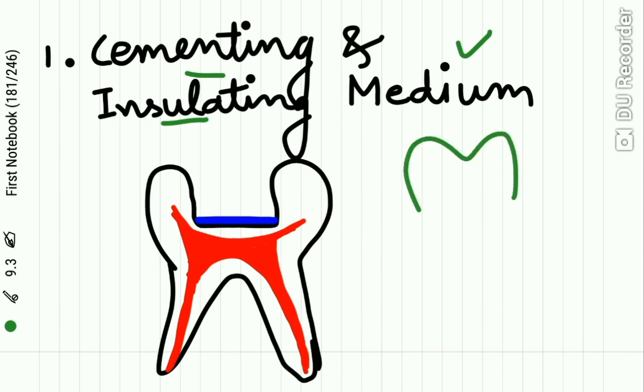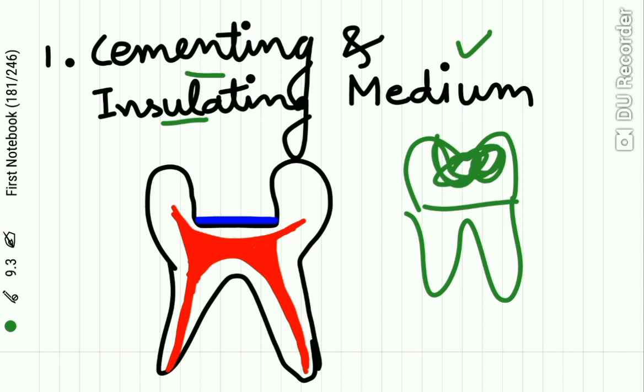Suppose a tooth is affected with caries. If we remove this caries and prepare a cavity, this is the cavity which is prepared after removal of the caries. So, if the base of this cavity is very near to the pulp of the tooth, the patient may experience pain or some kind of sensitivity.